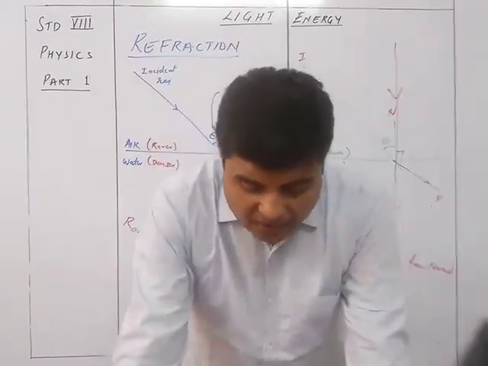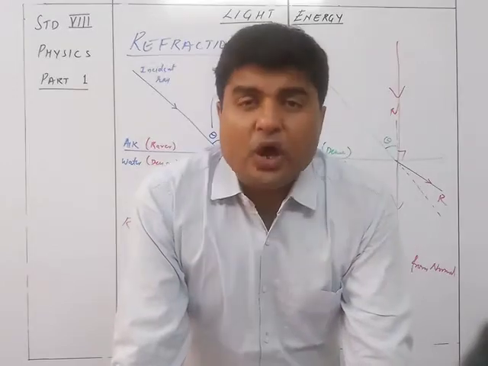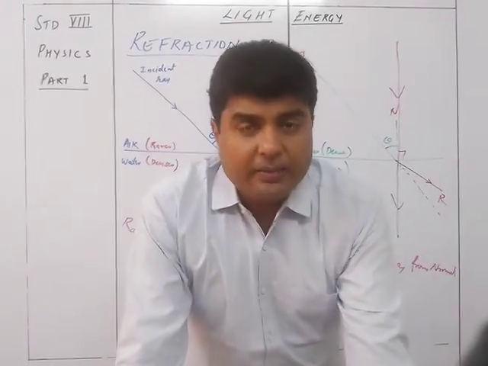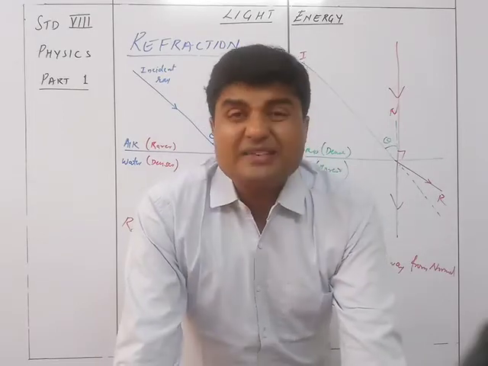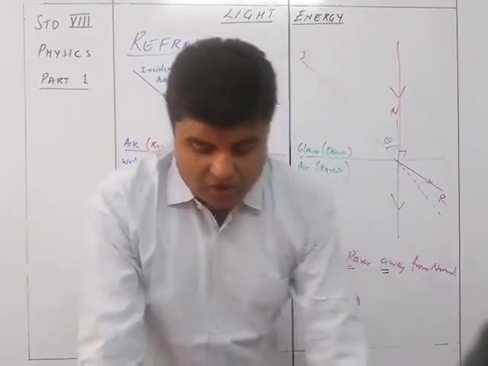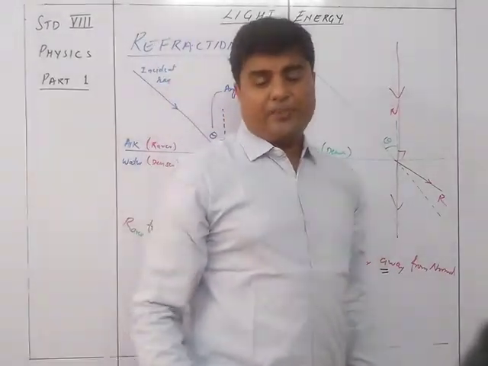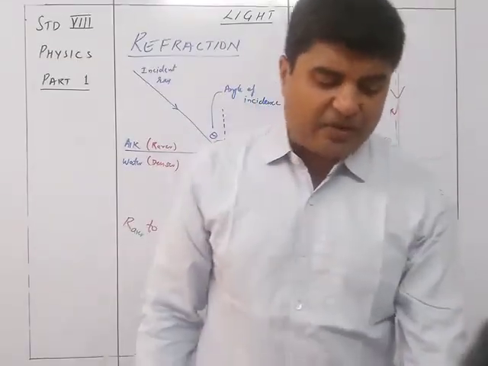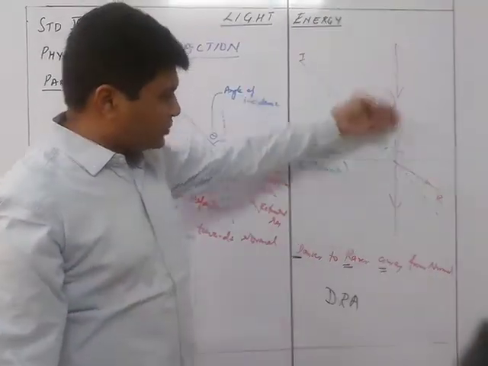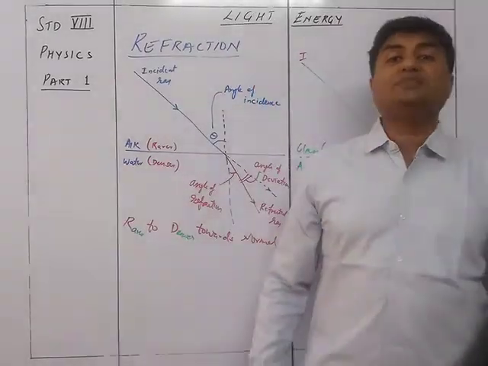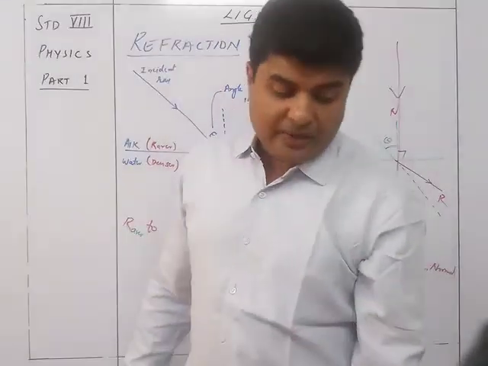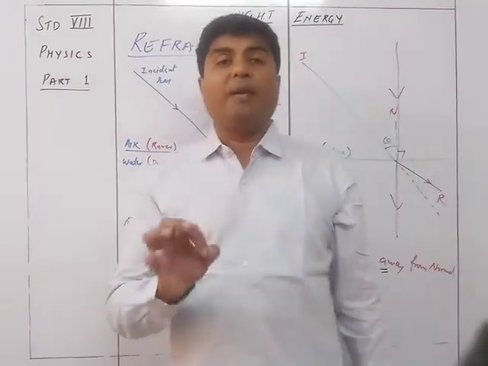So when a ray of light falls normally, meaning perpendicularly, on the surface separating the two media, it passes undeviated, that is along the same path as shown in figure 5.3. You can see in figure 5.3 the ray of light is just passing straight through without any bending. Why is it not bending? Because it is perpendicular to the surface. When it is perpendicular to the surface, it will not bend at all.